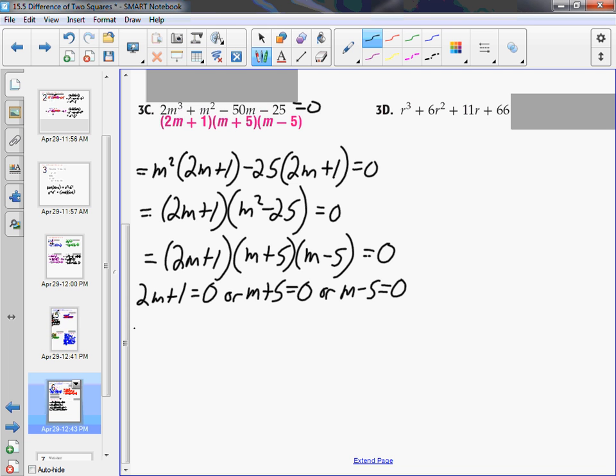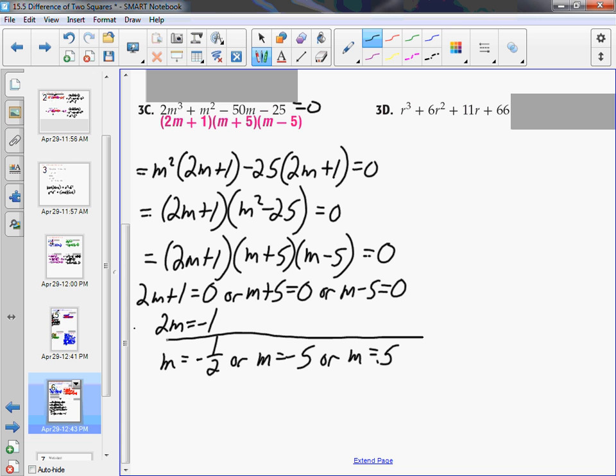I can solve all three of these. If 2m plus 1 equals 0, subtract 1, divide by 2. If m plus 5 equals 0, subtract 5. If m minus 5 equals 0, add 5. And I get 3 solutions.